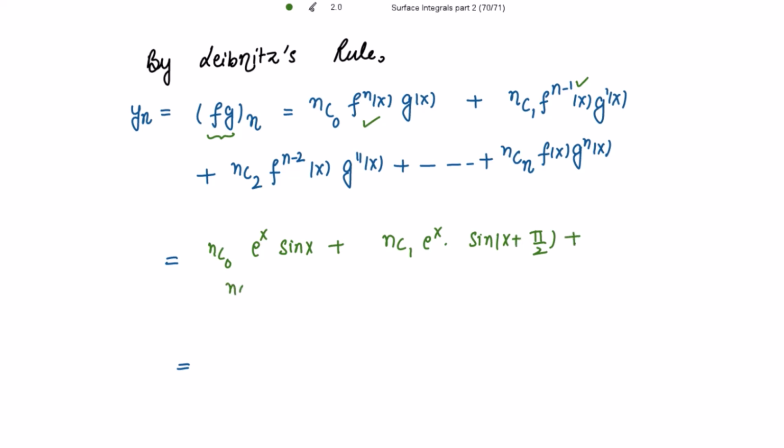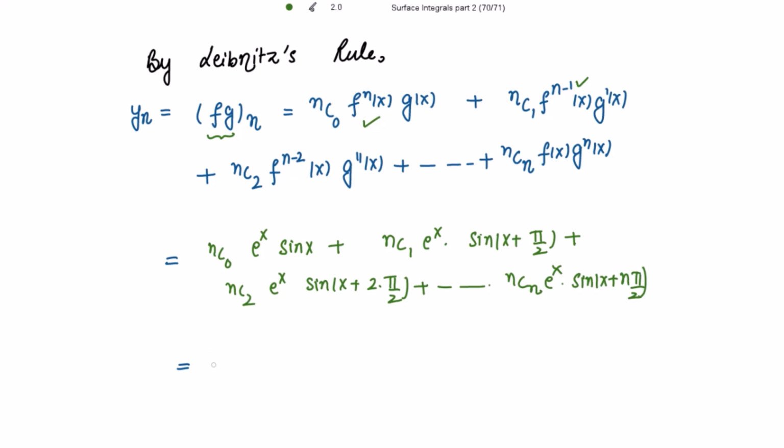Plus nC2, again the (n minus 2)th derivative of the first function, e to the power x, and then the second derivative of g(x), that is sine of x plus twice of pi by 2, plus so on. nCn, f(x) is e to the power x, and the nth derivative of g(x) is sine of x plus n times pi by 2. Is it fine? Okay.